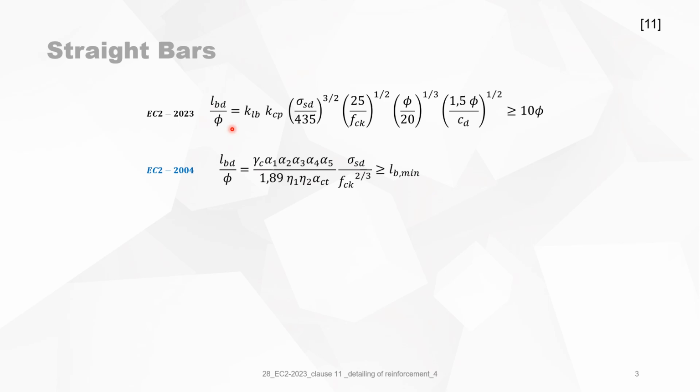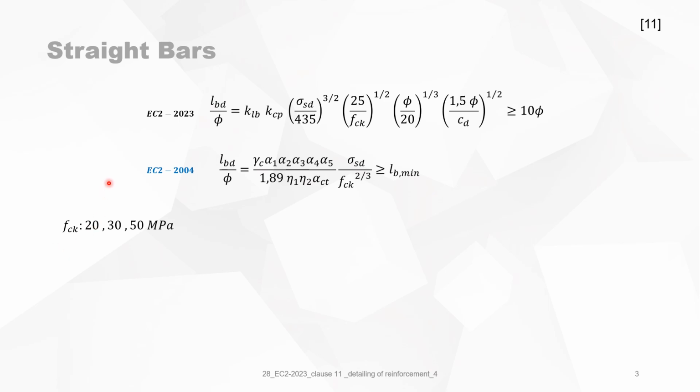You also see that the ratio anchorage length divided by the bar size is independent or almost independent of the diameter in version 2004, but it is dependent on the diameter in version 2023. So that's a big difference.